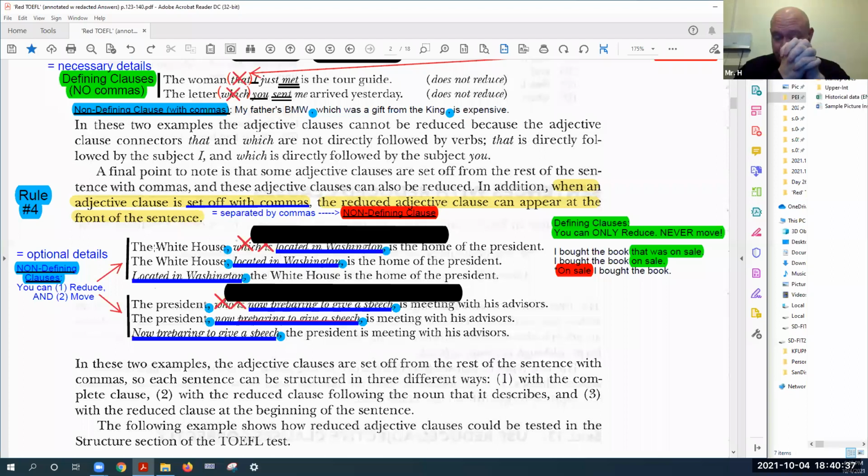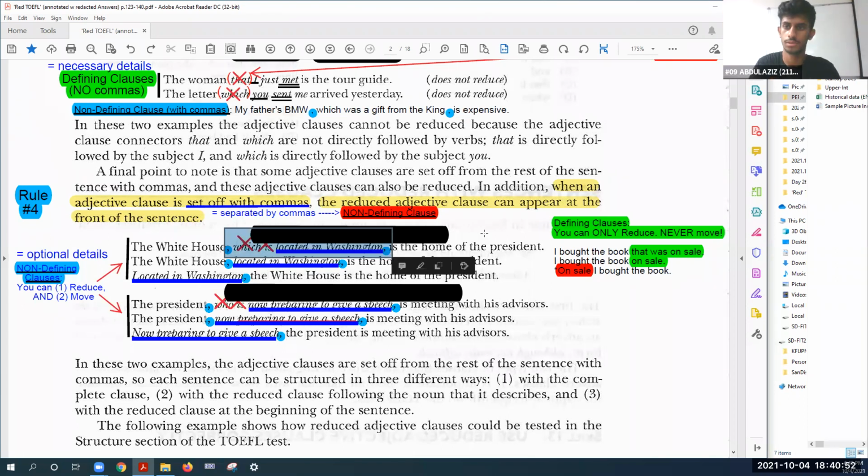Now, can we reduce it? Can we decrease it? How do we decrease it, Abdulaziz? We can delete it or reduce. Okay. How do I reduce it? The White House is the home of the president.